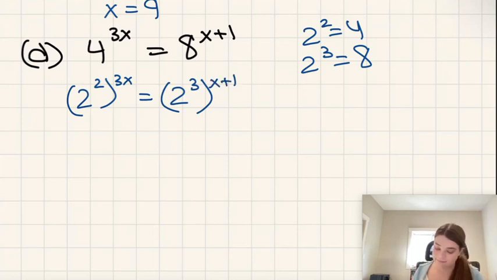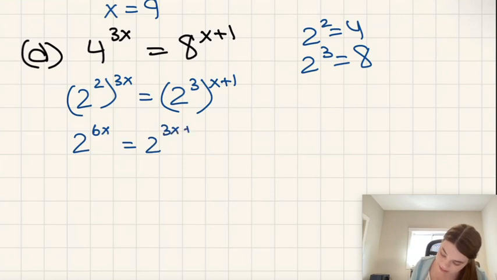So now I'm going to multiply, right? Because again, power to a power, we multiply. So 2 to the power 6x is equal to 2 to the power 3x plus 3. So then I'm just going to equate these to get 6x is equal to 3x plus 3.